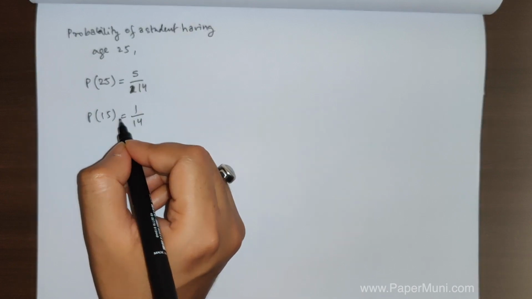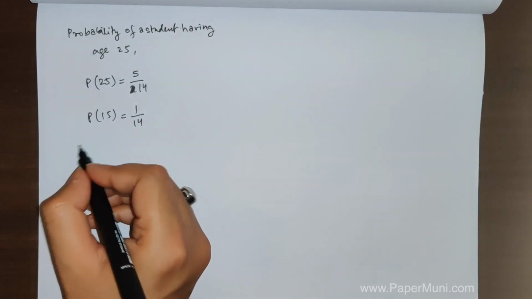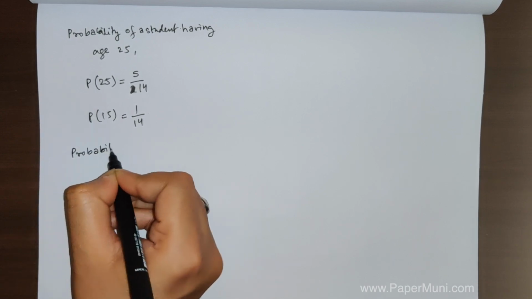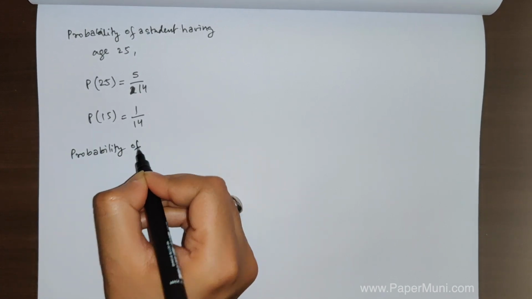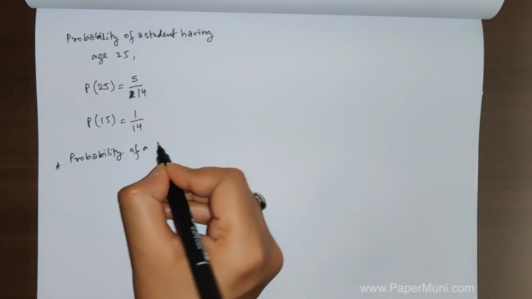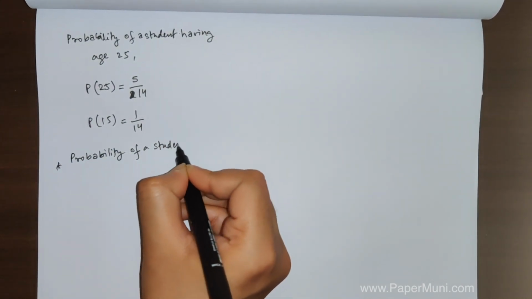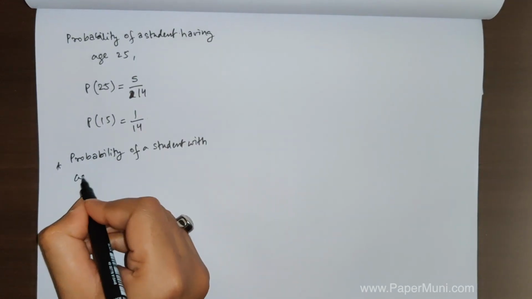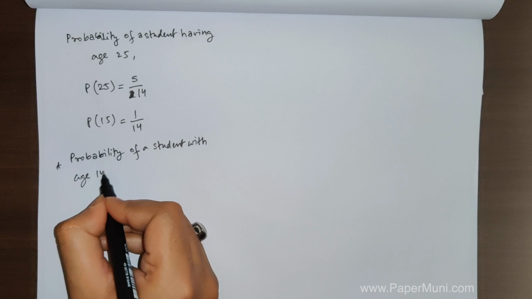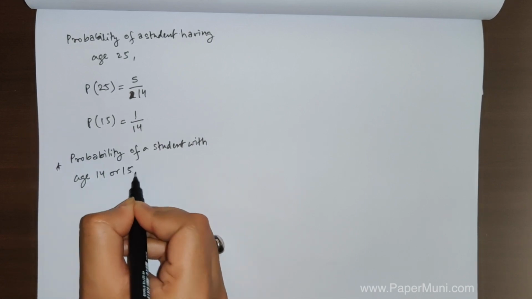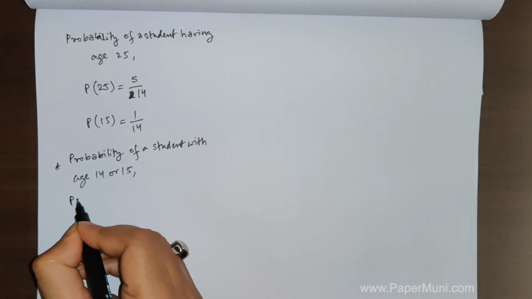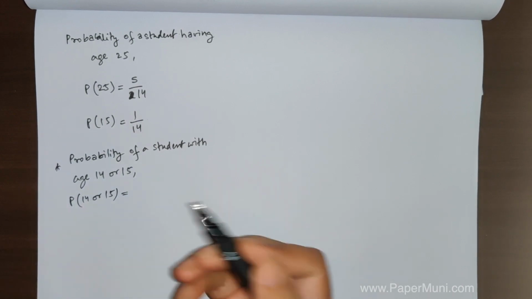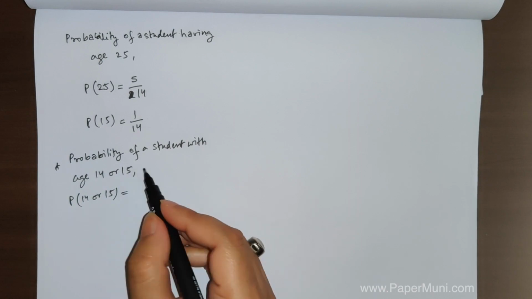Now, if you randomly pick a student, what is the probability of a student with age 14 or 15? It could be anyone, it could be 14, it could be 15.